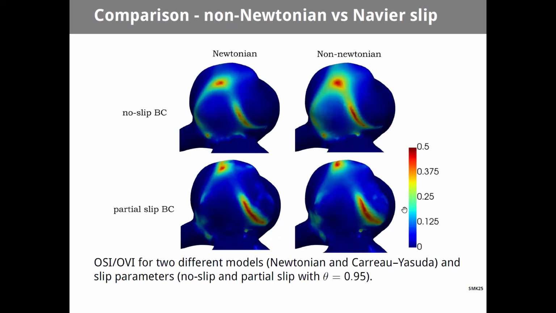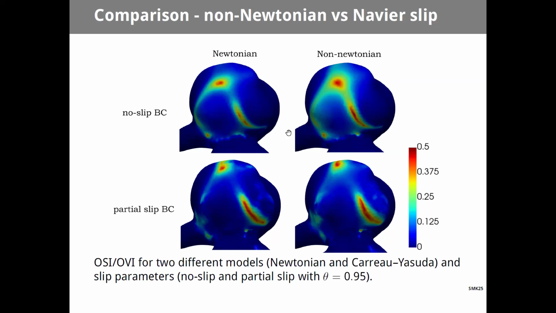And in this study, we also compared how much the Newtonian versus non-Newtonian influences the picture. So this is a picture of, I think it's this oscillatory shear index, yes, or oscillatory velocity index. And its location, if you use Newtonian model versus some Carreau non-Newtonian, so viscosity depending on the shear rate.